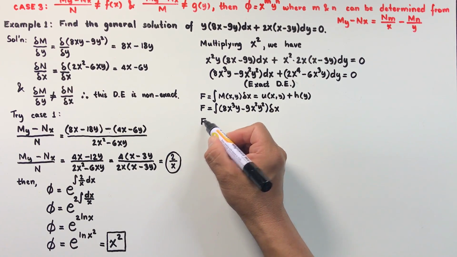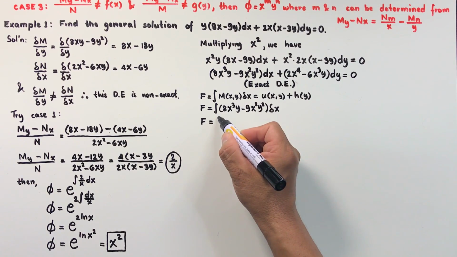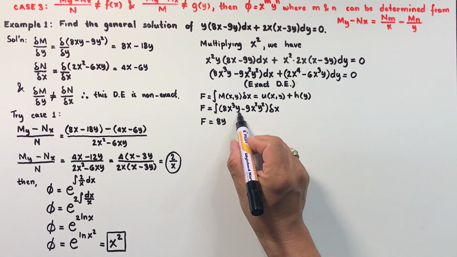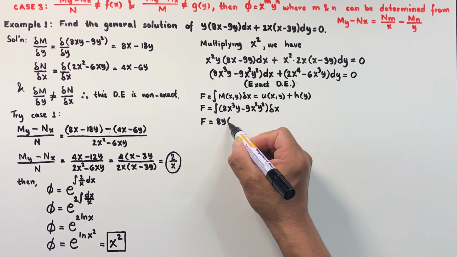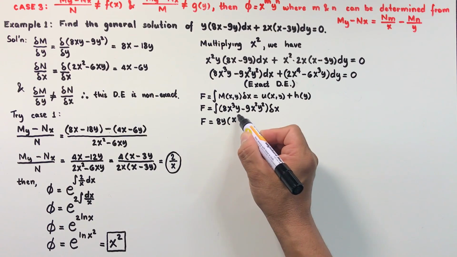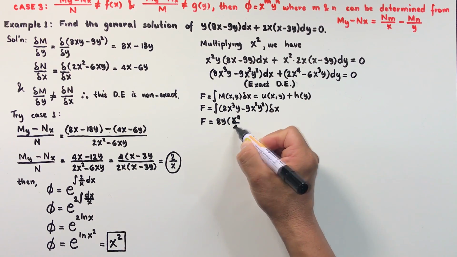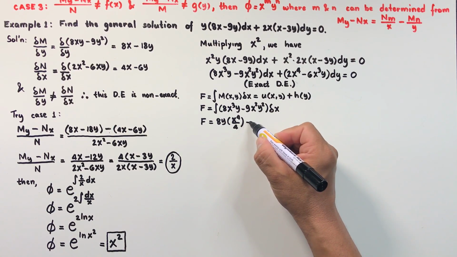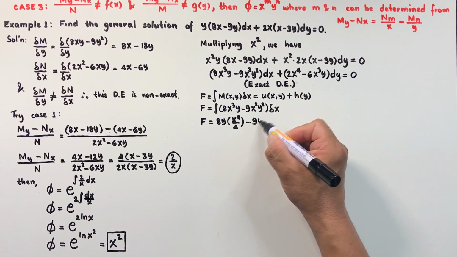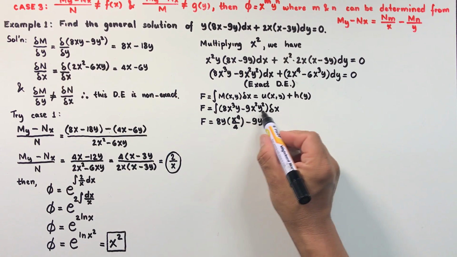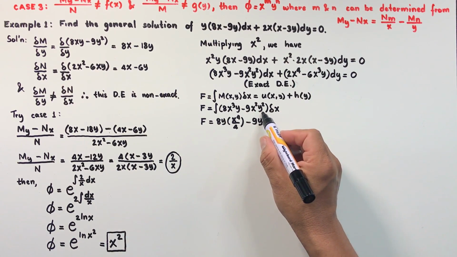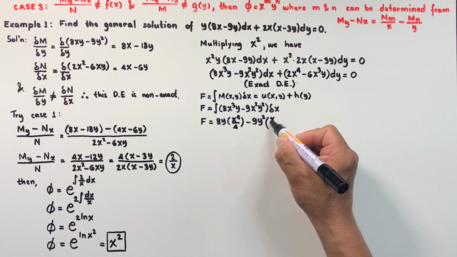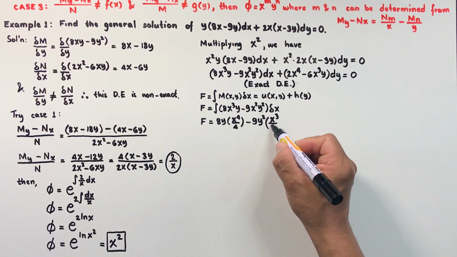So we have f, which is the 8y, because 8y is treated like constant here, times the integral of x cubed, which is x to the power 4 over 4. And this will be subtracted by 9y squared, because 9y squared is treated like constant here, and we take the integral of x squared, which is x cubed over 3.